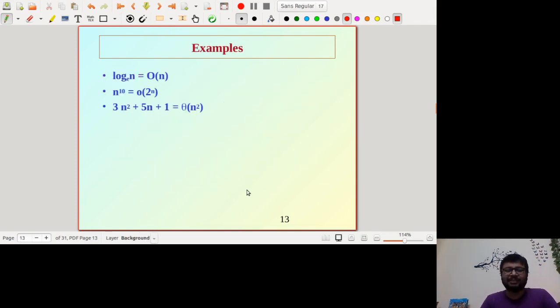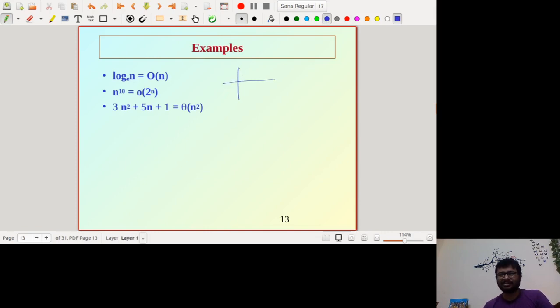Here are some examples. Log of n with respect to any base, here the natural log of n, base e, is order of n. This is because logarithm is a slower function. It grows slower than linear. So what does the curve for log look like?